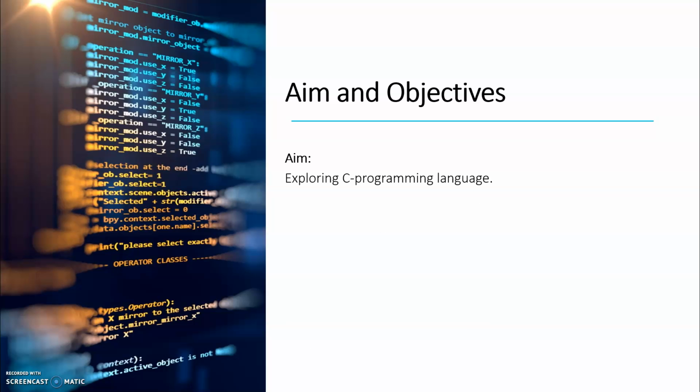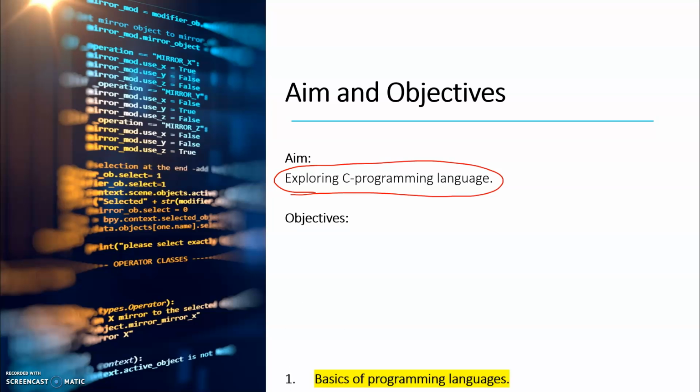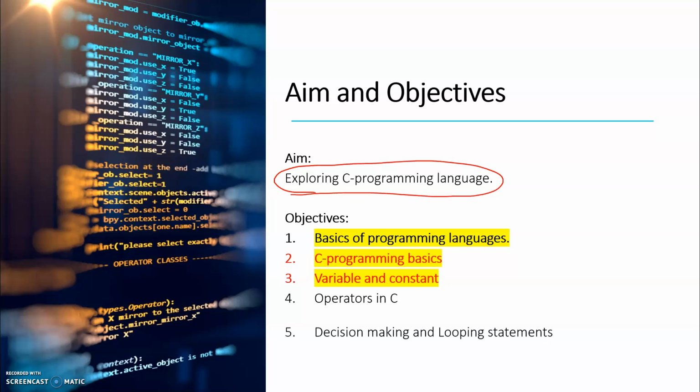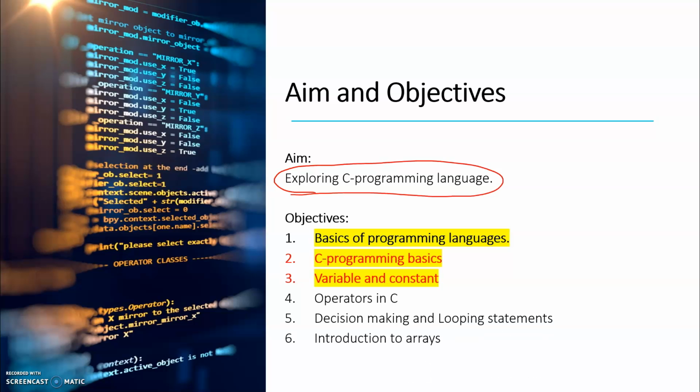So here you can see the aim which we already discussed, and in order to achieve this aim various objectives have been framed. In all, 6 objectives have been framed. In part 1 we covered objective 1.